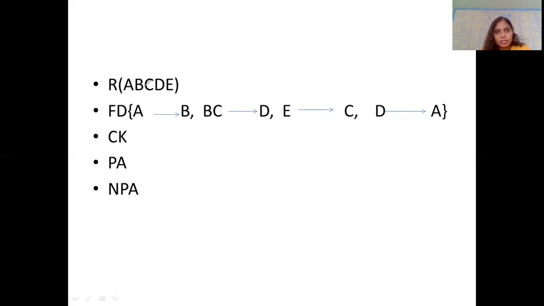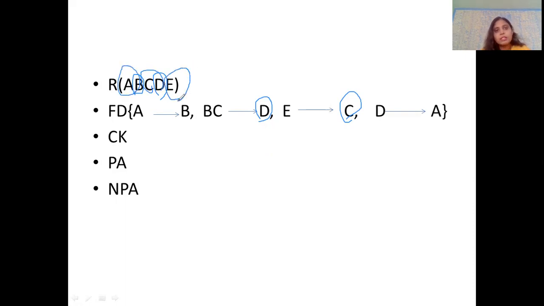B is present in the RHS of the first functional dependency, so I'll check it here. Next, for the second functional dependency, D is present. Third functional dependency, I'm checking only the RHS, C is present. Fourth functional dependency, A is present. So E is missing in the RHS.